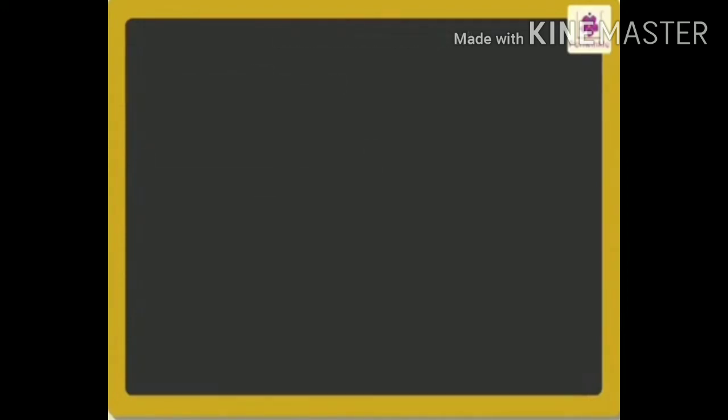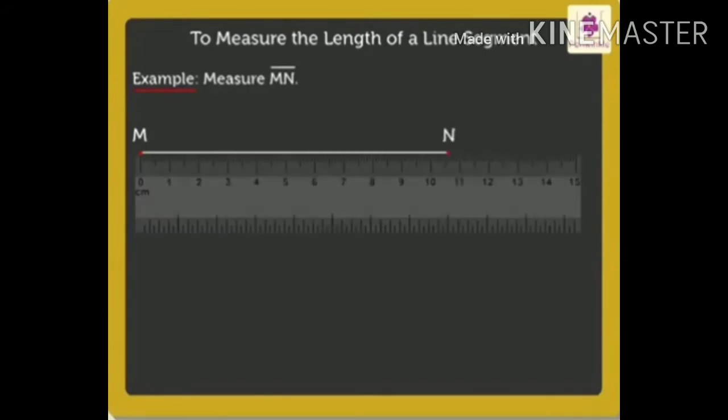After learning about how to draw line segments, let us now focus on how we measure the lengths of line segments. Let's measure the length of segment MN. Keep 0 of the ruler at point M. We count forward from 0 to 15.